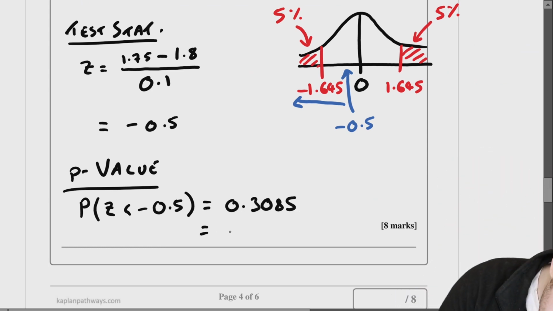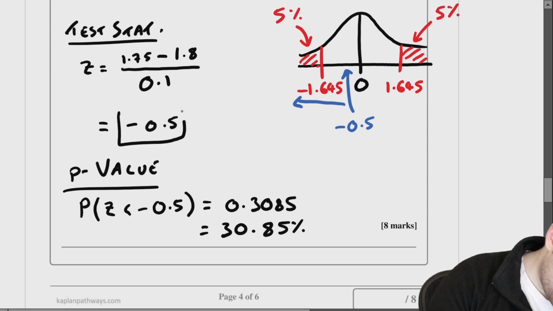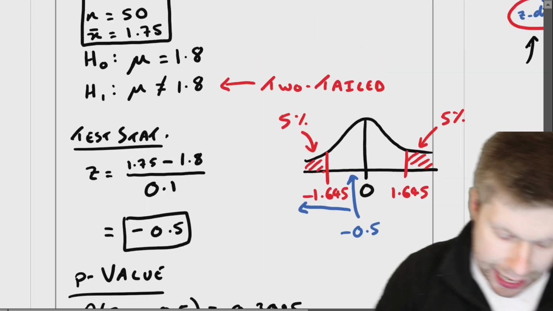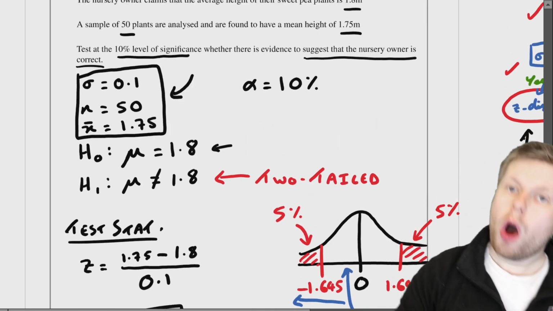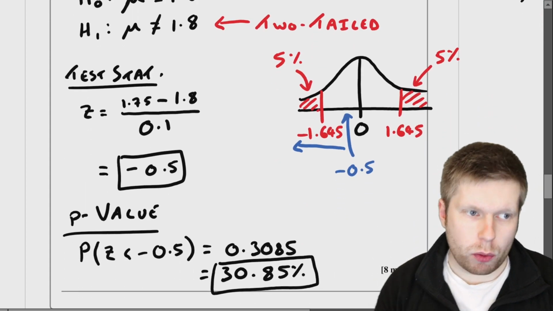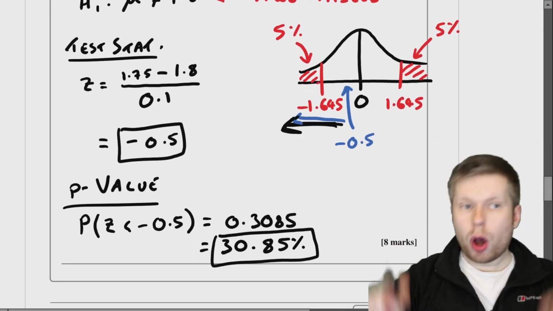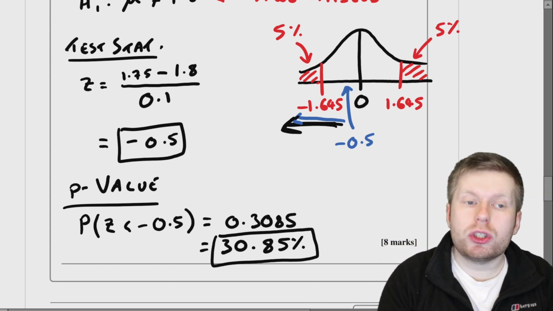Now if I wanted that as a probability, that's about 31%, so 30.85%. That's my p-value. So remember, the p-value is the probability of obtaining this sample if my null hypothesis is true, or a more extreme sample. In other words, a sample which lies further to the left of that. The reason why I have to include the 'or more extreme' is because my tables are cumulative.